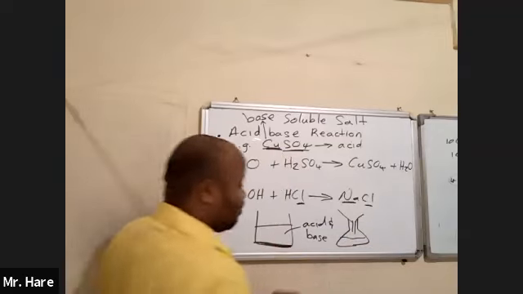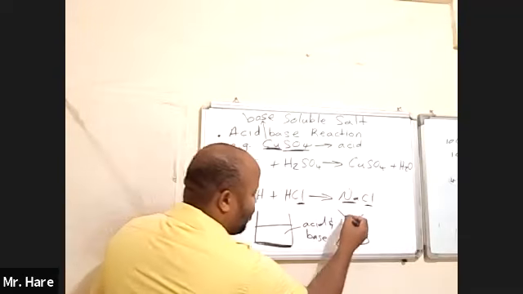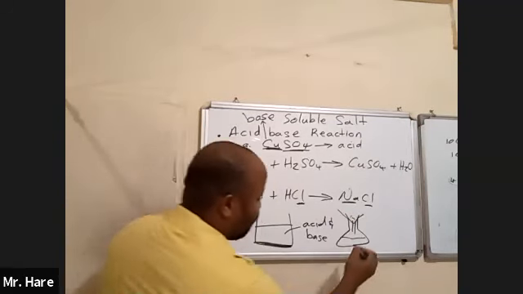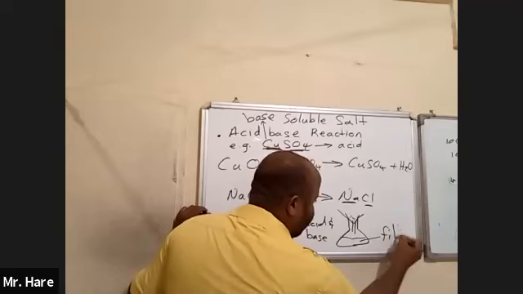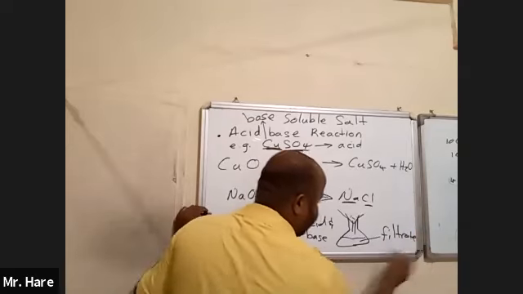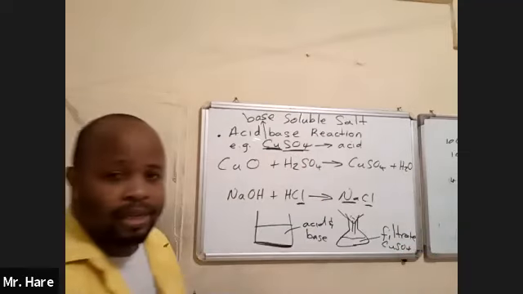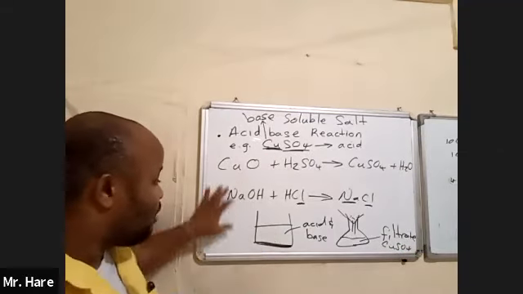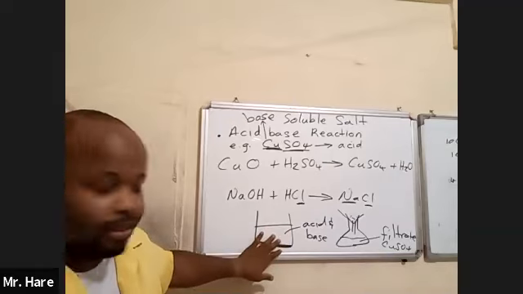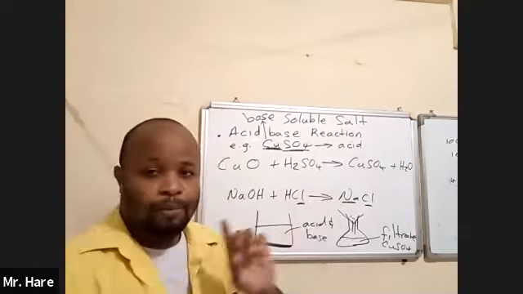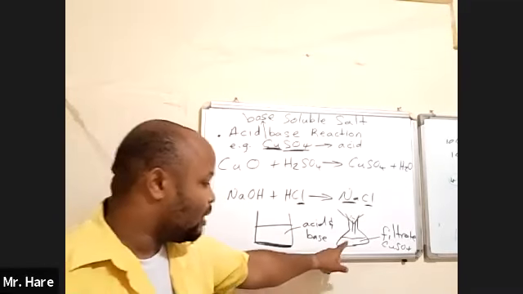All right. But this time, the residue is not your salt. The filtrate is the salt. So the filtrate is copper sulfate. So you add the base in excess, and once you mix them, you filter, but this time the filtrate is the salt.